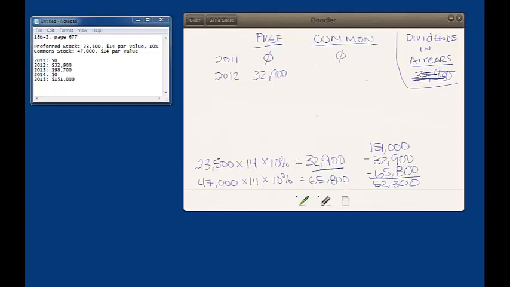But now we don't have anything left, and once again we need to account for the dividends in which the preferred stockholders have a right in 2012. So once again, this $32,900 becomes dividends in arrears. Okay, and common stockholders don't get anything.